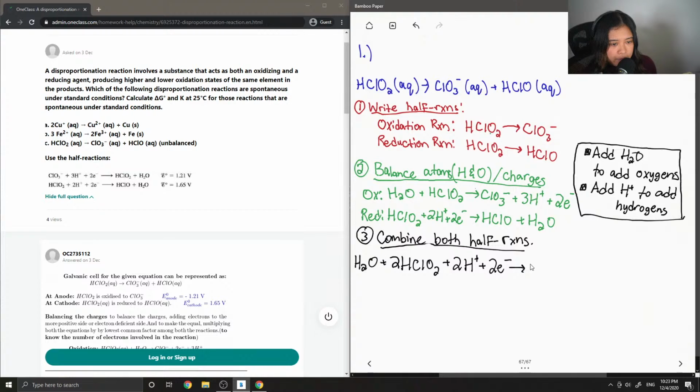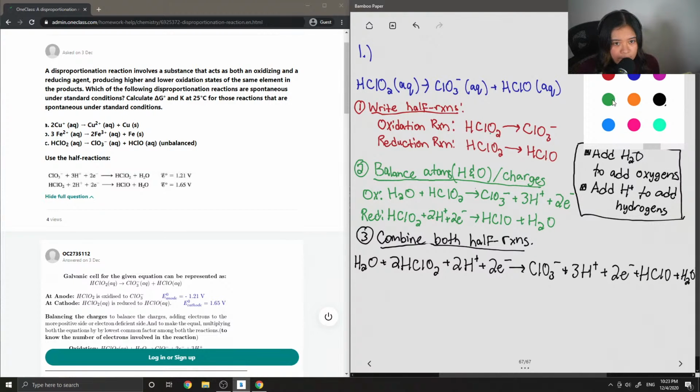And then for our product side, we have the chlorate ion plus 3 protons plus 2 electrons plus hypochlorous acid plus water.